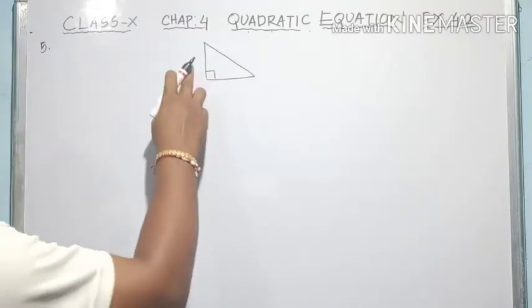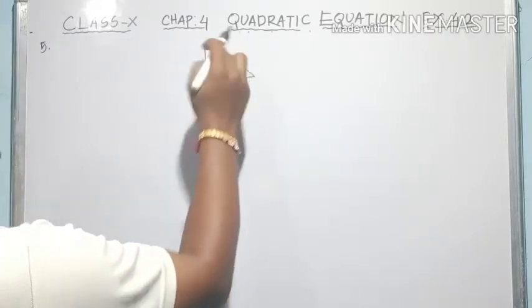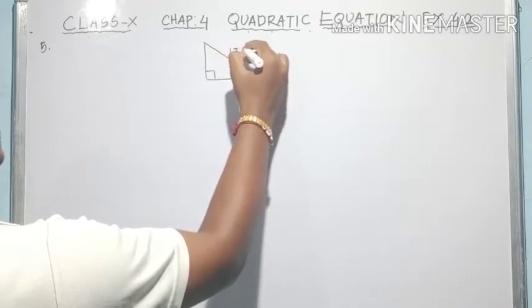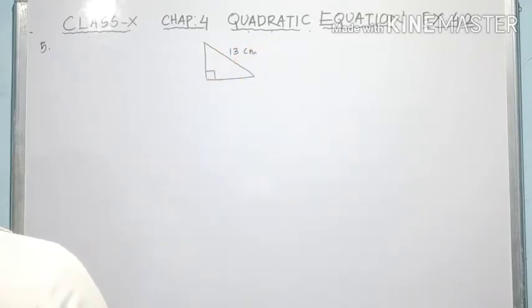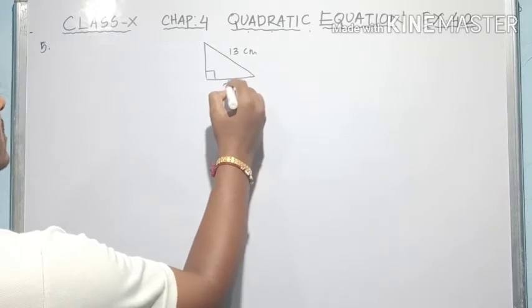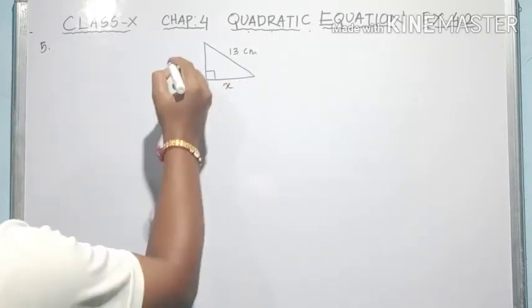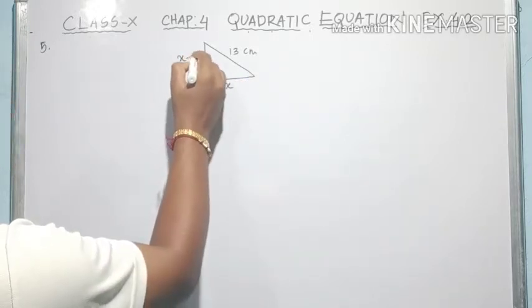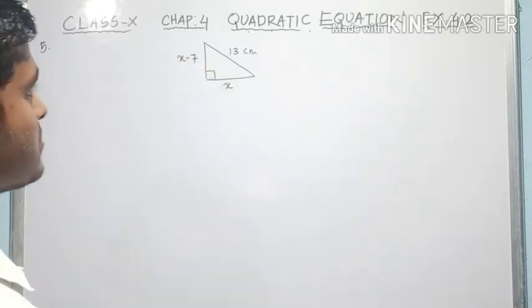It is base, it is its altitude, and it is its hypotenuse. It is given that the hypotenuse is 13 cm. Its altitude is 7 cm less than its base. Let's say base is x. Its altitude will be x minus 7 cm.